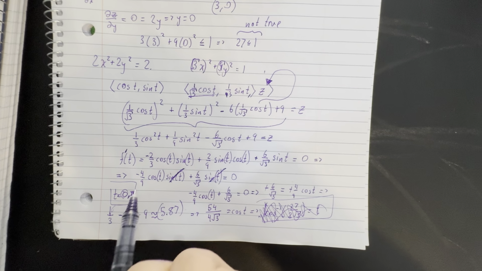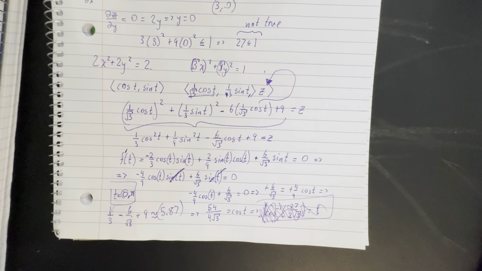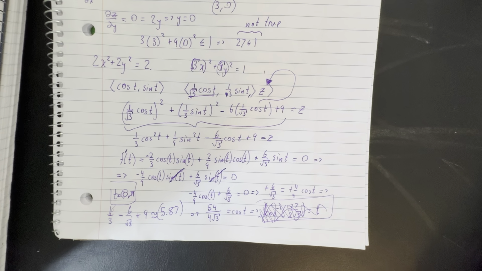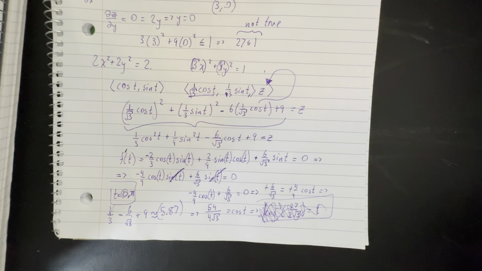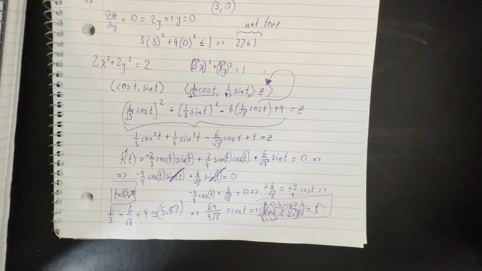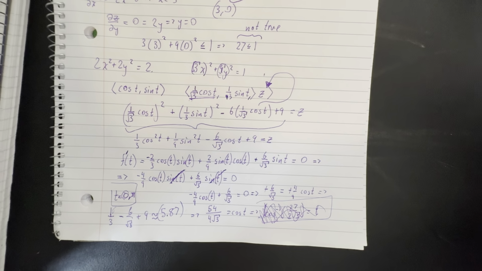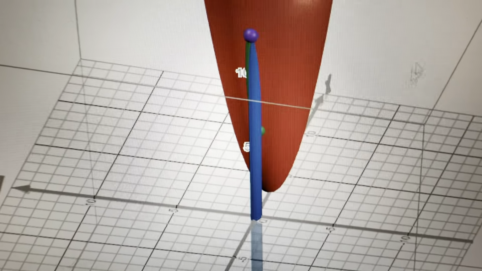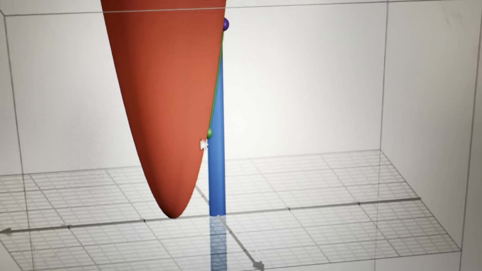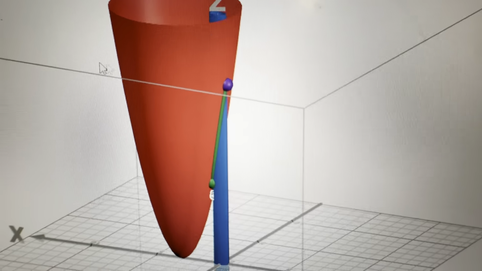Okay, so if we plug in pi, you're going to get 1 over 3 plus 0 plus 6 over root 3 plus 9, which is about 12.79. We'll say 12.8. Yeah. Okay. And there are 2 min and maxes, so one's down there, one's up there.